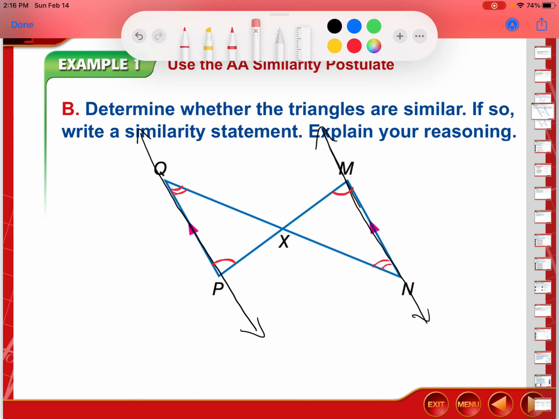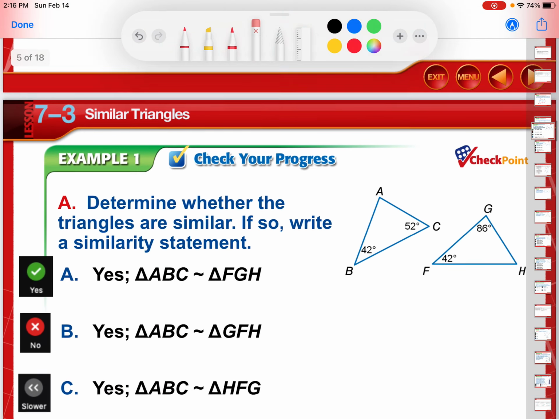Because if we have two pairs of congruent angles, we then, of course, have three pairs of congruent angles. So, similar, once again, angle-angle postulate. I'm guessing you're starting to see a theme here in these opening problems. A lot of angle-angle postulate. It's almost like it's the only thing we've talked about so far in this lesson. So, two angles are congruent across two triangles. They're similar. Triangles have to be similar.